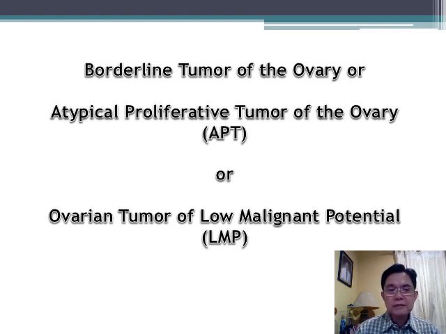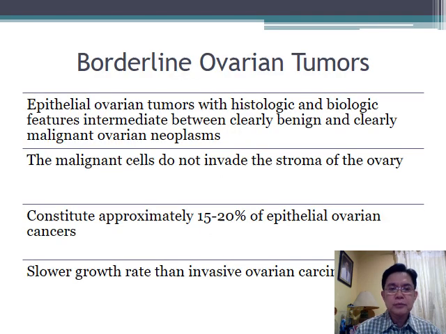So if you classify by probability of malignancy, you have three types of epithelial ovarian tumor: the benign form, the borderline or ovarian tumor of low malignant potential, and the ovarian cancers. Let's talk first about epithelial ovarian tumor of low malignant potential.